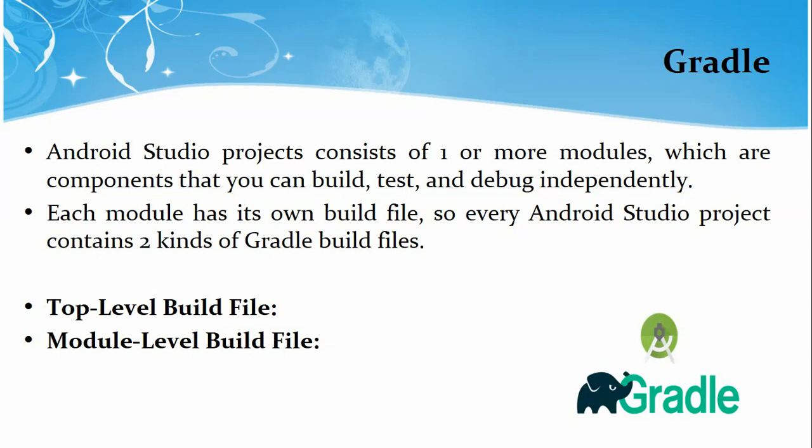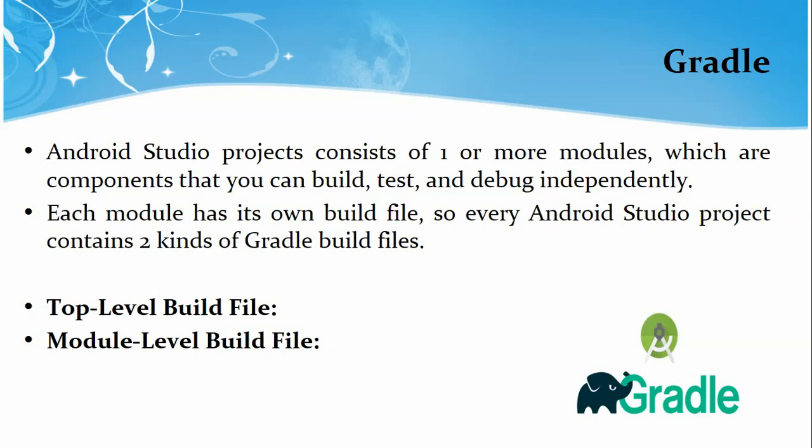Google is the project; you have Forms, Spreadsheet, Presentation, and Word. All these are apps inside the same project called Google. Like that, one or more modules can be there, which you can build, test, and debug independently. They work independently, but they are grouped under one project.